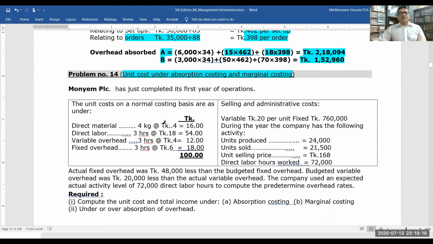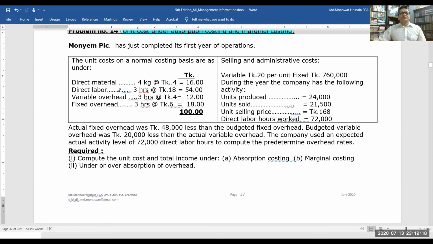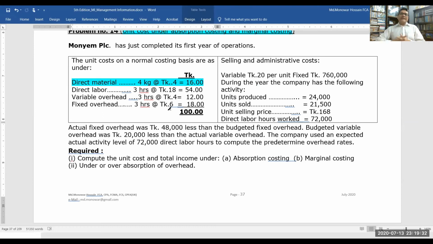Okay. So company, normal costing basis, direct material require 4 kg per unit at taka 4 per kg. So 16 taka. 3 hours at 18 taka, 54, variable overhead 12, and fixed overhead in total 100 taka.